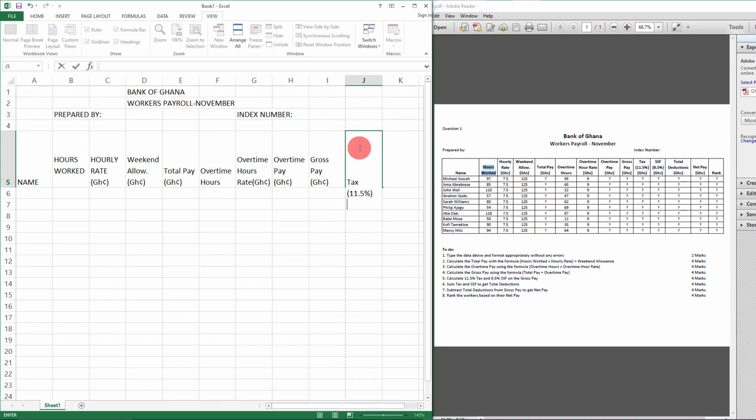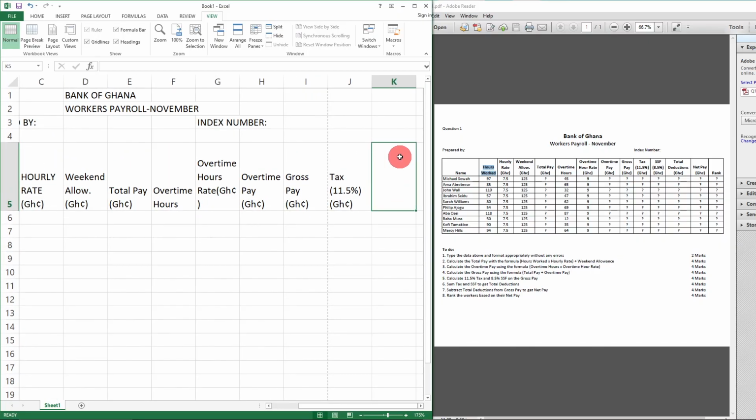That one too is in Ghana cedis. Okay, so the next one is tax. After tax, what next? That's the Senate.